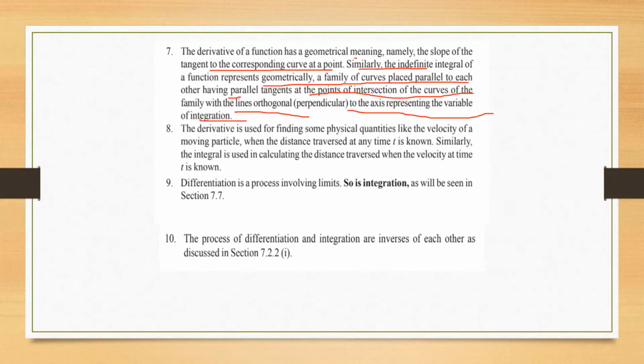Derivative is used for finding physical quantities like the velocity of a moving particle when the distance traveled at any time t is known. Similarly, integral is used to calculate the distance traversed when the velocity at time t is known. And differentiation is a process involving limits, so integration is also, as we will see when we study definite integral. And the processes of differentiation and integration are inverse of each other.